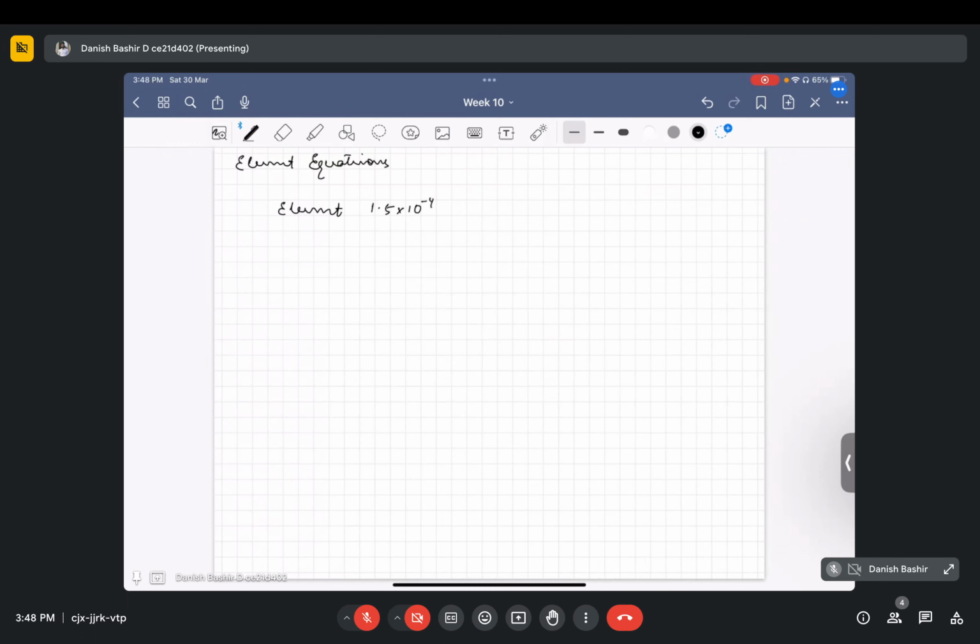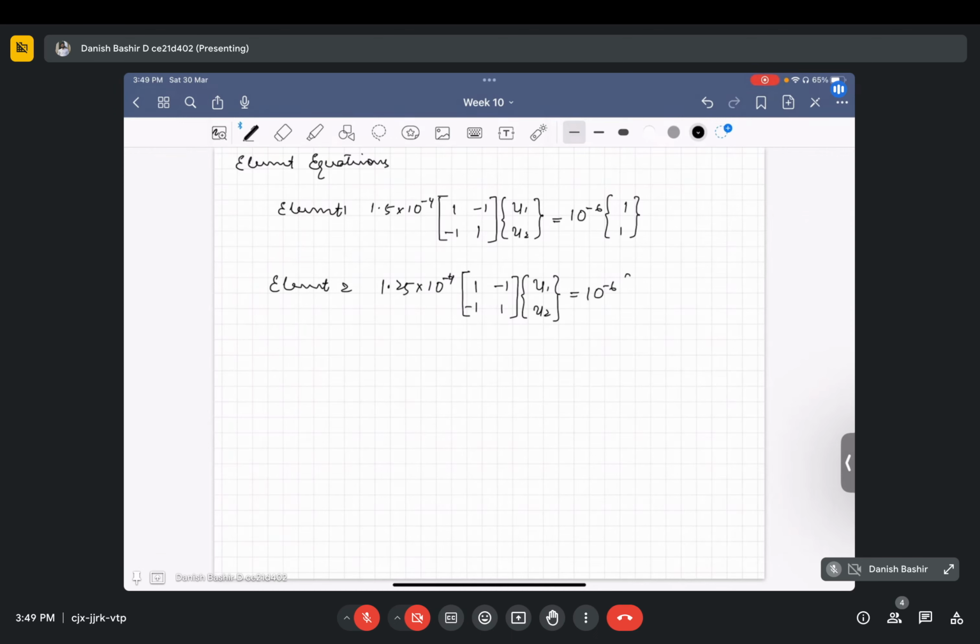So using all these values, the element equation for element 1 will be 1.5 into 10 to the power minus 4, matrix 1 minus 1, minus 1, 1, times u1, u2, equal to 10 to the power minus 6, 1, 1. For element 2, it is 1.25 into 10 to the power minus 4, 1 minus 1, minus 1, 1, u1, u2, equal to 10 to the power minus 6, 1, 1.